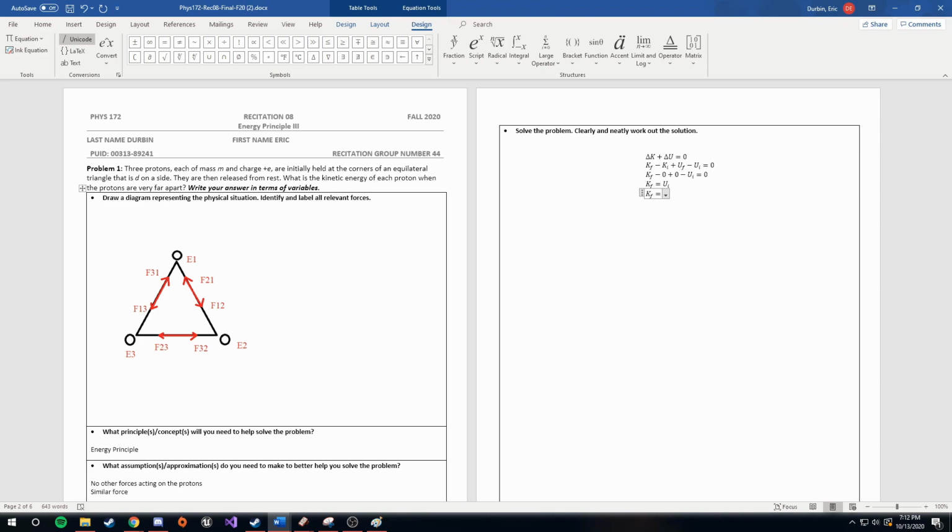Oh, true. So now we just go to potential energy, and let's say this is of the system, so it'd be 1/3 times the potential from 3 to 2, plus 3 to 1, plus the potential from 2 to 1.